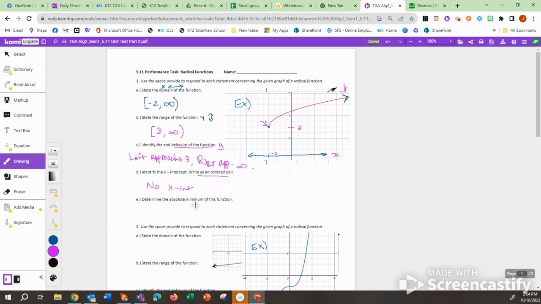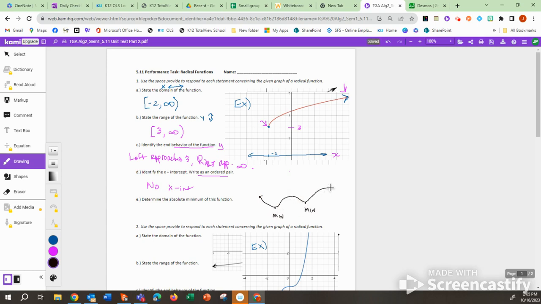It says determine absolute mins. So just a quick little definition of a min. If you have any type of curvy graph, your mins are going to be your low points or your valleys. So if this went back up, these two would be your mins. And you would list those as ordered pairs when they asked you for the mins.